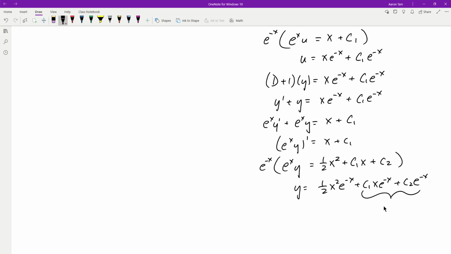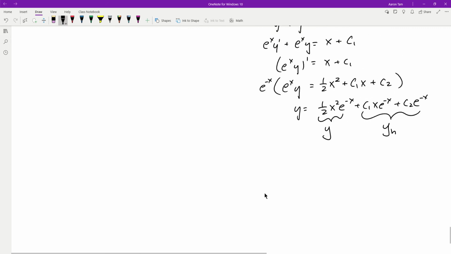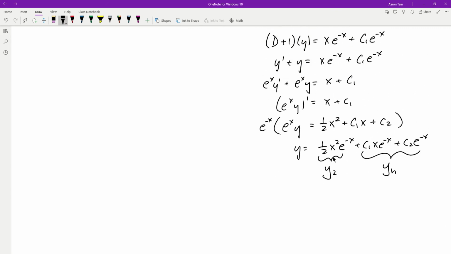Notice that this is just our y sub p, which we already know. And so this part is our y sub 2, because this part would be the particular solution that's unique to e to the negative x.